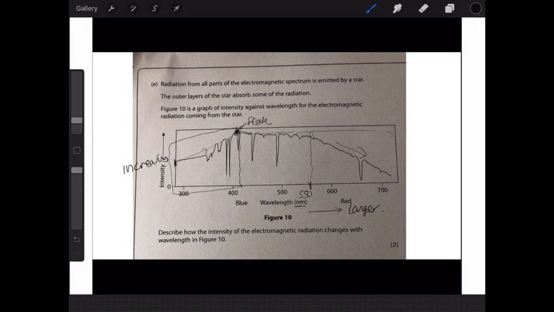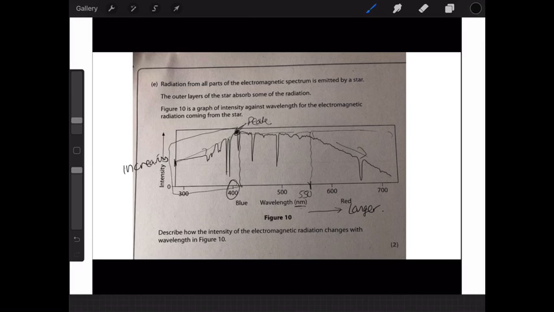So with my head around the idea of what the graph is showing me, I would finish up with an answer something like: as the wavelength increases, the intensity increases generally up to a peak at around 400 nanometers. The intensity remains fairly constant from 400 to 550 nanometers, but there are several dips in the intensity at specific wavelengths, and that happens throughout this range.